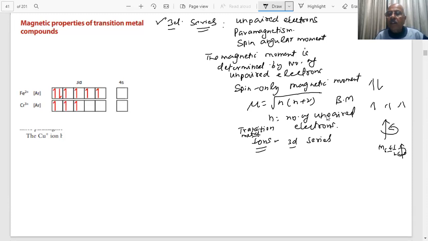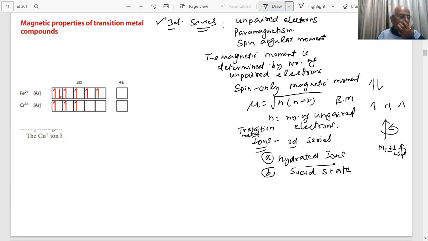What we are saying is the magnetic moment will be decided by the number of unpaired electrons, which is given by the spin only magnetic moment formula. If I put in the number of unpaired electrons, I will get the value of the magnetic moment. So if we have hydrated ions, meaning in solution, or I have solid state, then I can find out whether the given substance will be paramagnetic or not.